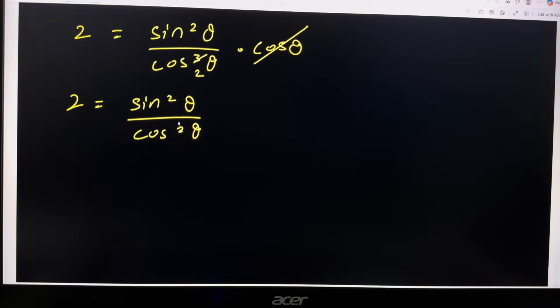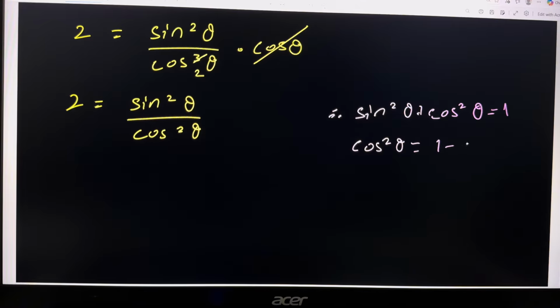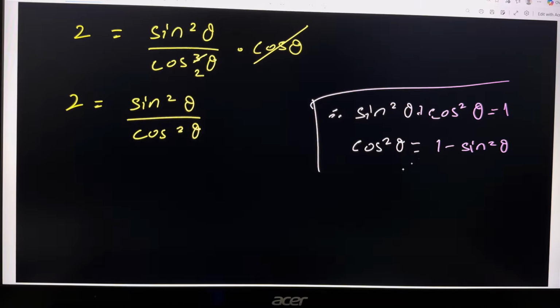We can take the cos square theta to the other side and use the identity sine square theta plus cos square theta is equal to 1, by changing cos square theta, because cos square theta is equal to 1 minus sine square theta. So we can substitute cos square theta with this and solve with respect to sine. But to make it easier on ourselves, we can just use tan. You can even use cos as well, because sine square theta is equal to 1 minus cos square theta. We can do it with all three methods.